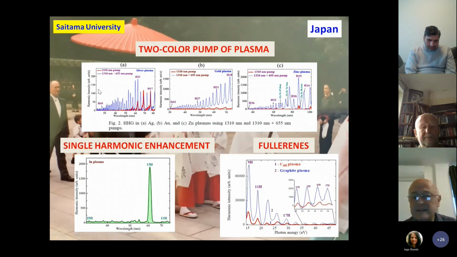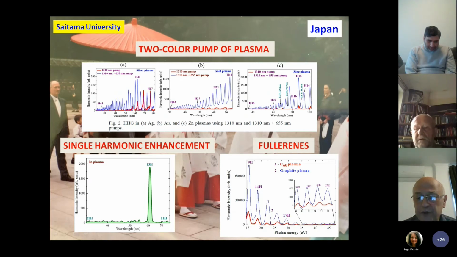Another method is the use of two-color pump of plasma. What does two-color mean? Commonly, people use a single-color pump of plasma, when a titanium sapphire laser is used for excitation of plasma. And in that case, for example, in the case of silver plasma, we can see, by red color, I show you, only a few harmonics.